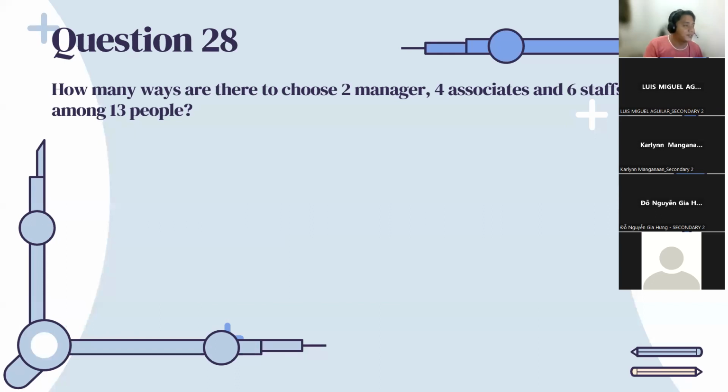How many ways are there to choose two managers, 4 associates, and 6 staffs among 13 people? Okay, so I think we have a similar problem to last time.